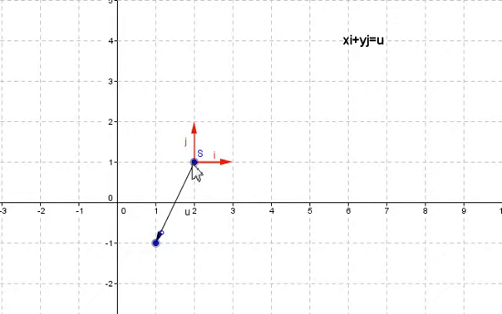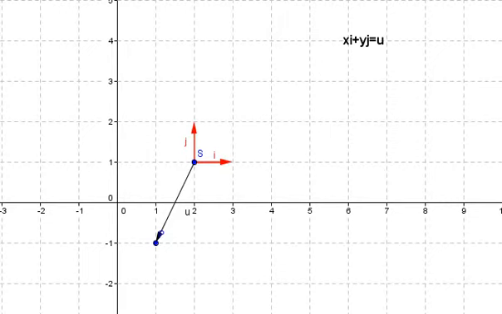Okay, here in this case we go 1 unit to the left, so it is -1 i, and 2 units down, so it is -2 j's. So the components of the vector are -1 and -2.